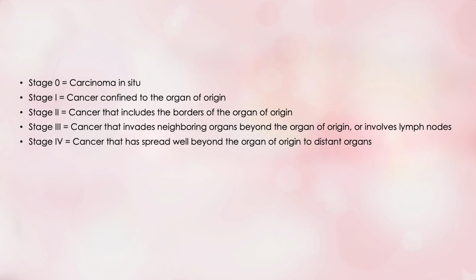Stage 3 is cancer that invades neighboring organs beyond the organ of origin, or it involves the lymph nodes. And stage 4 is cancer that has spread well beyond the organ of origin to distant organs. So this staging system addresses the extent of the cancer fairly simplistically.